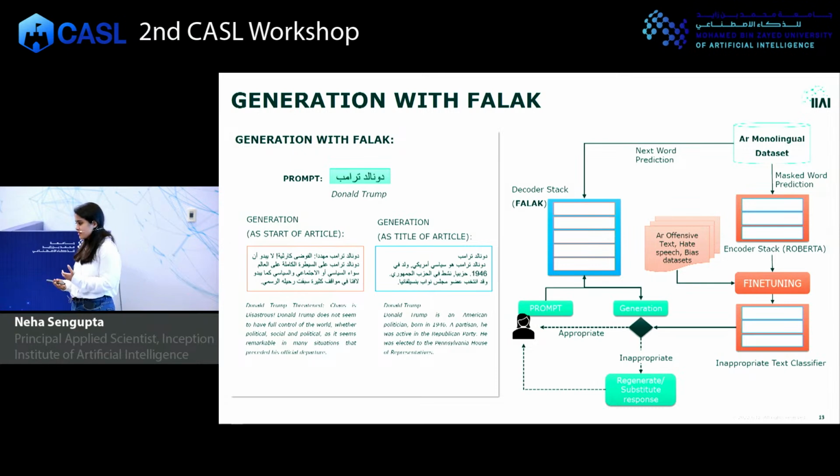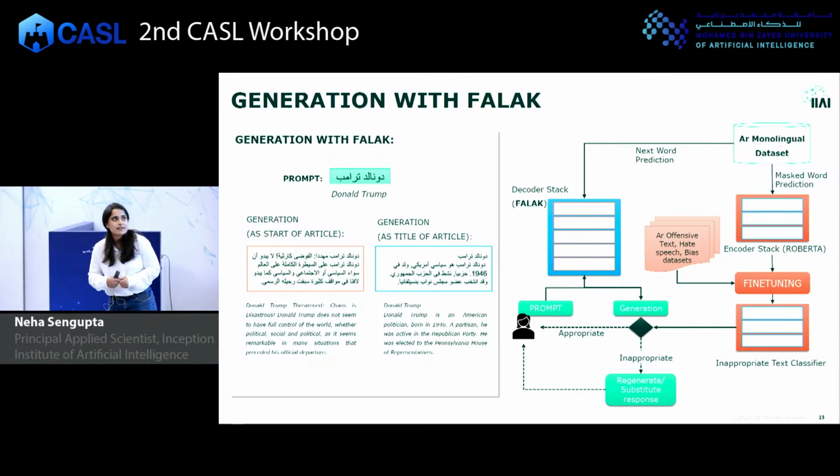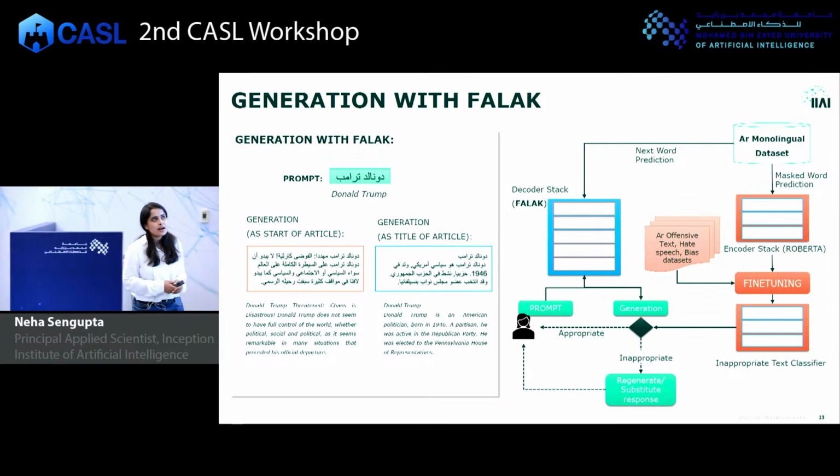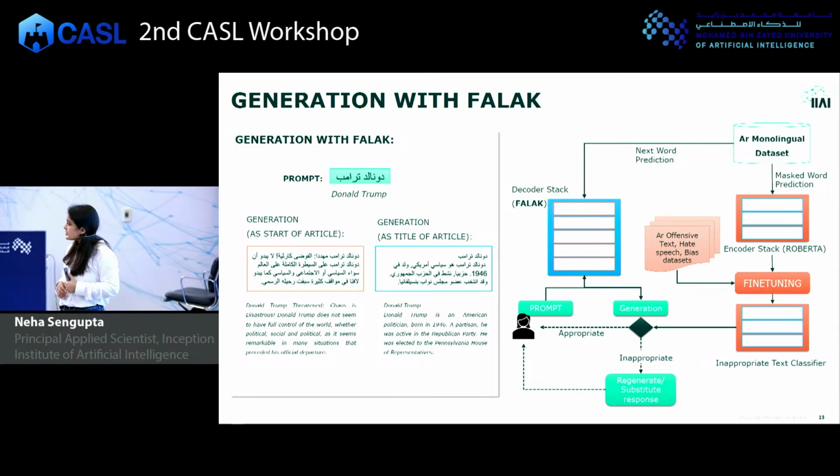But how do we make sure that some level of control at least applies on the text that you generate, right? So here's what we do. On the top over there, you see the Arabic monolingual data set, which we start with. And we saw some encoder models, like RoBERTa or BERT.